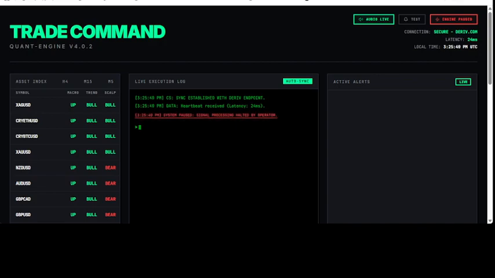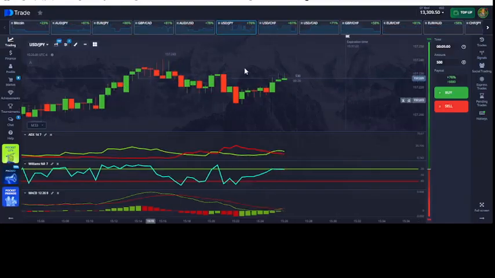So what I've done here is I have the Trade Command engine currently paused. This is the dashboard of the command center here. And over here, I also have my Pocket Option account.